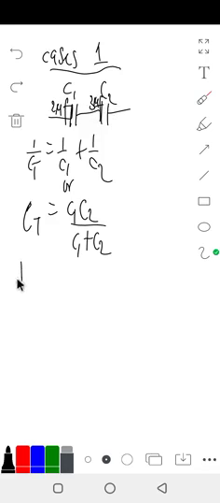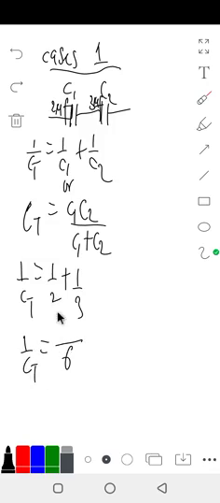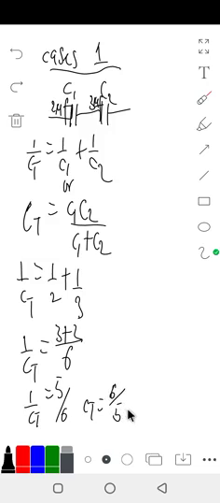Instead of using 1 over Ct equals 1 over 2 plus 1 over 3, where the LCM is 6, 2 in 6, 3 times 1, 3 in 6, 2, 2 times 1, you have 1 over Ct equals 5 over 6. Therefore, Ct equals 6 over 5 microfarad.